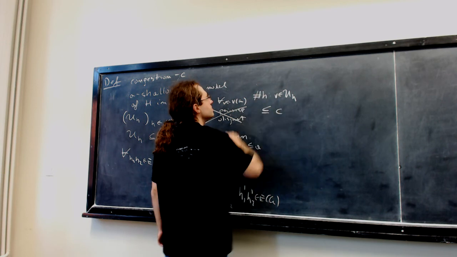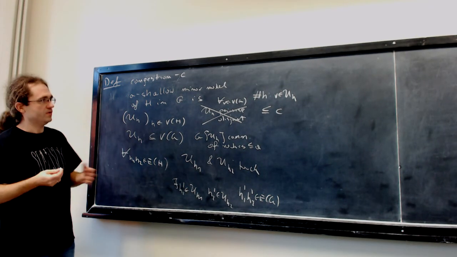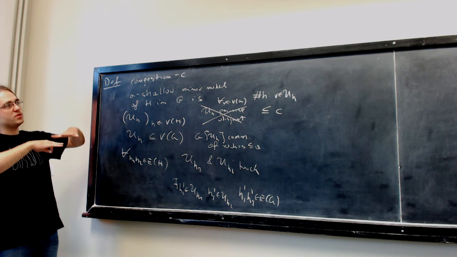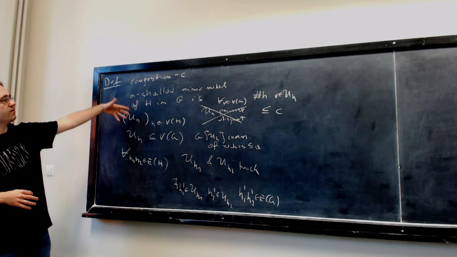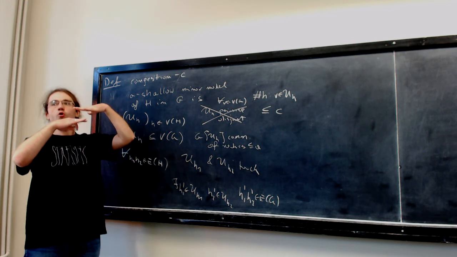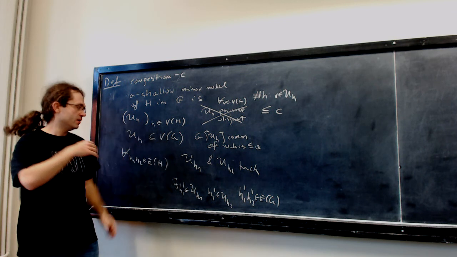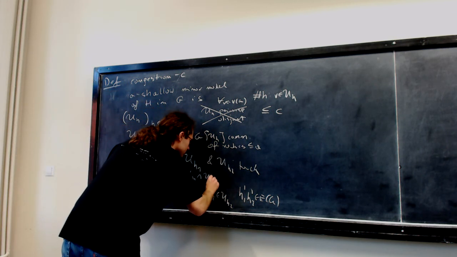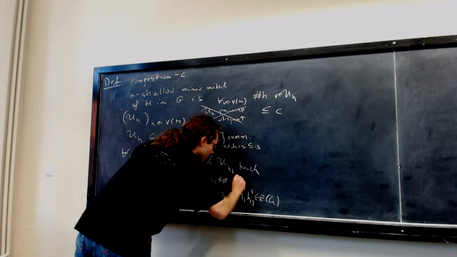So every vertex of G can be used in at most c sets of this minor model. And now touch means that if they overlap, they also touch, that is, U_h1 intersection U_h2 is non-empty, or this one.